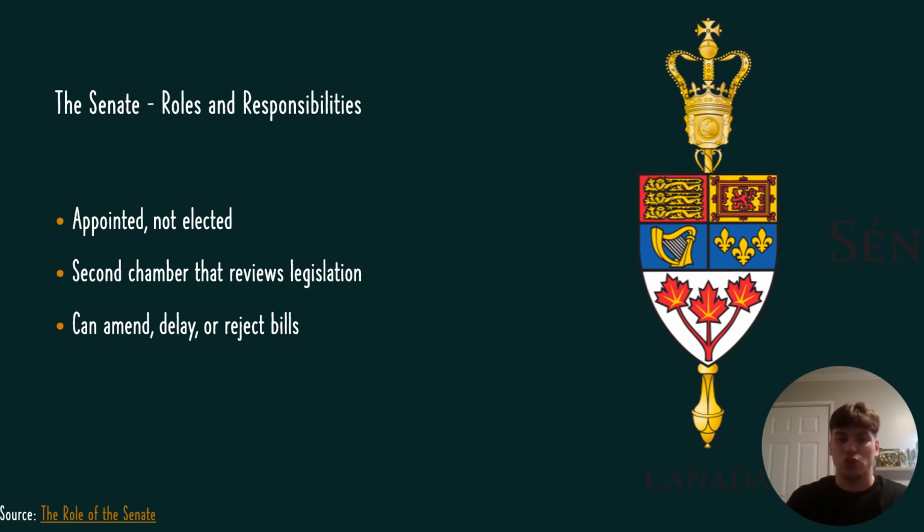Its purpose is to ensure legislation is sound, especially from a regional, minority, or even long-term perspective. For example, senators often use their expertise to flag legal inconsistencies or suggest improvements that make laws more effective. While unelected, the Senate adds important depth to the review process.